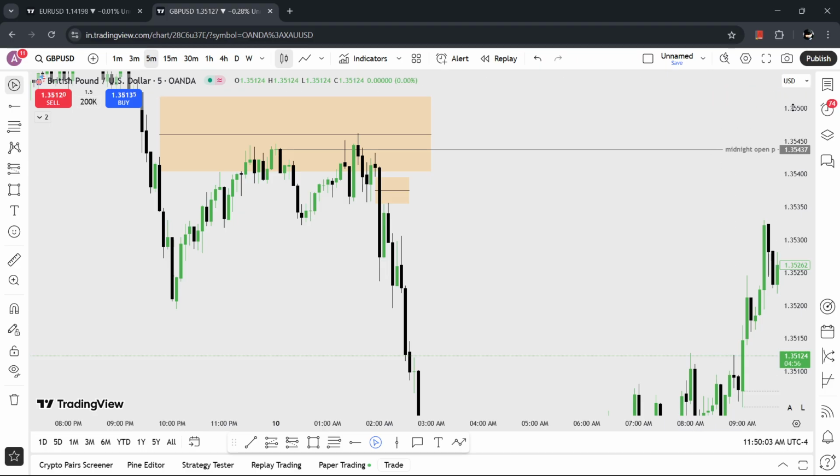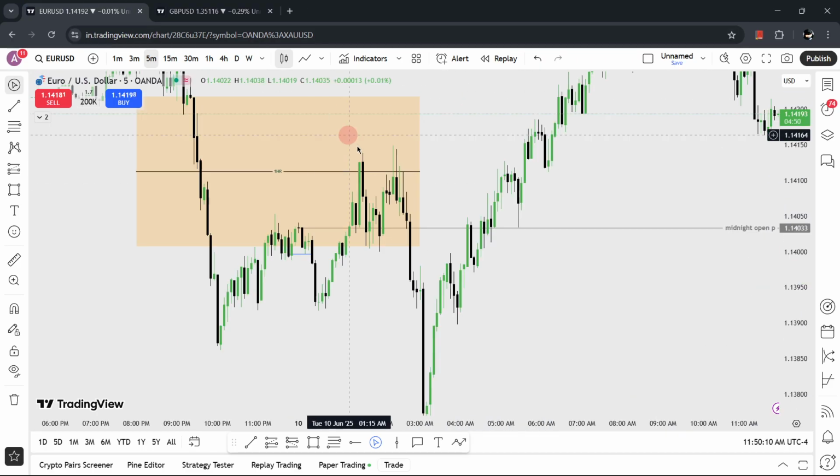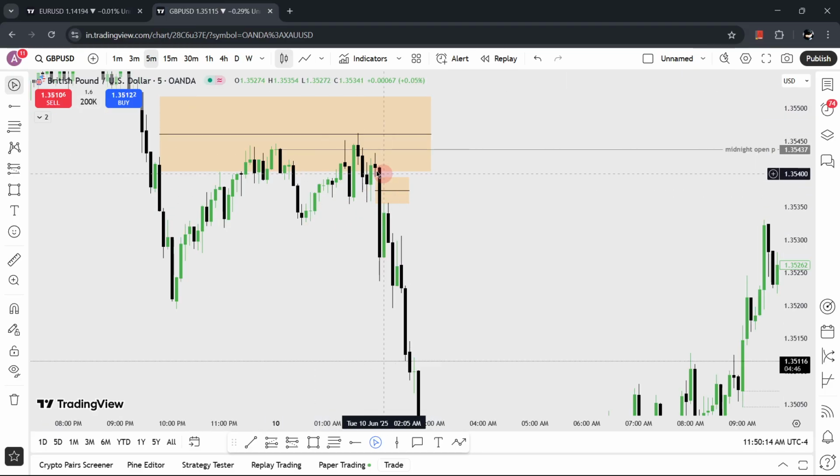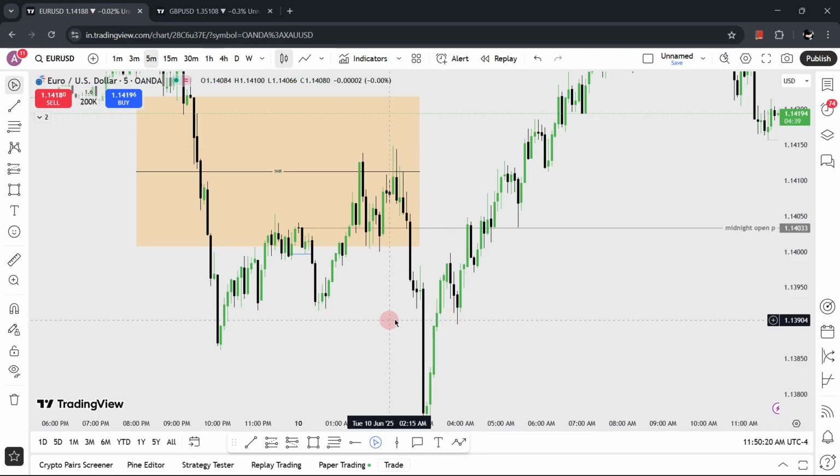I know this video is going to be somewhat lengthy, but try to understand. In GU, it was able to create the structure shift here, but in EU, it was not able to, till this time.